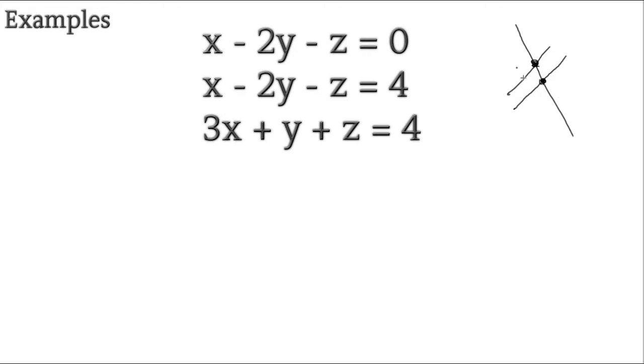Because the two parallel planes do not agree, we cannot use both of them at the same time. Rather, we're going to use this pair, and we're going to use this pair.